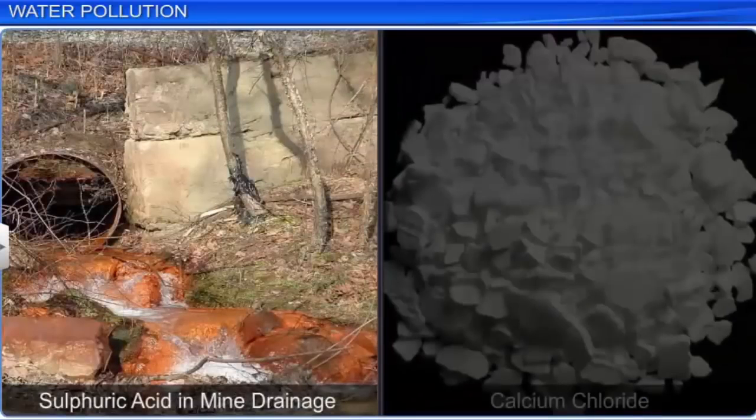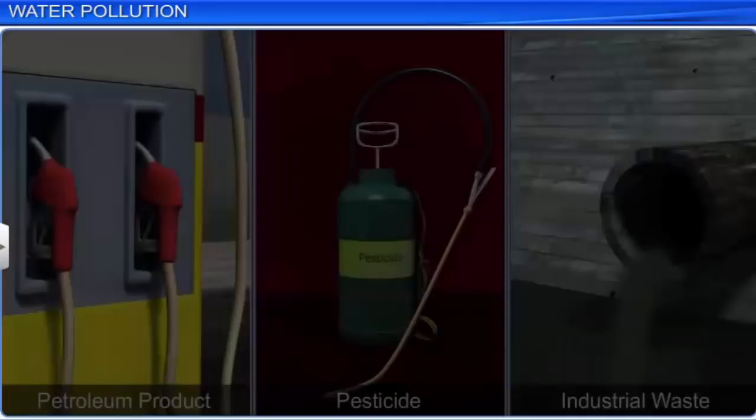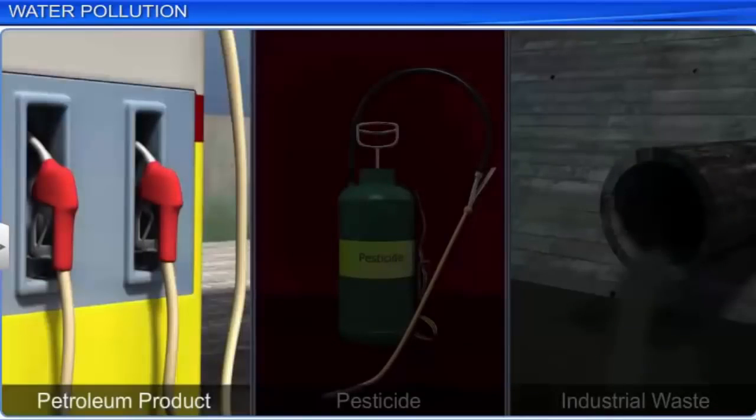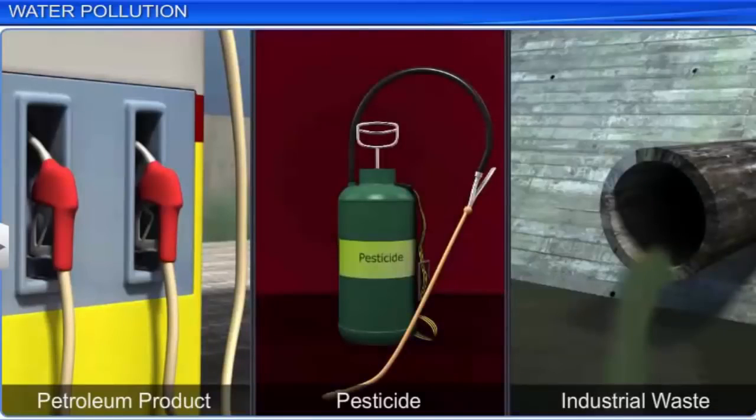Acids from mine drainage such as sulfuric acid and salts like sodium and calcium chloride are also water-soluble chemical pollutants. Apart from these inorganic chemicals, organic chemicals like petroleum products, pesticides, and industrial chemicals also add to water pollution.